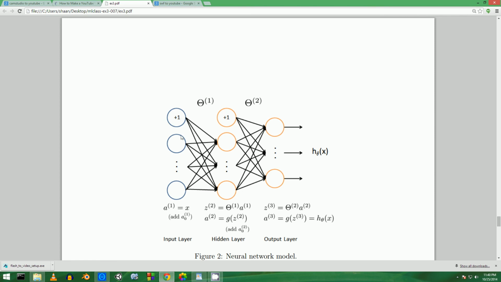It's a matrix, so it does not really depend on how many images I give it. It can scale properly. Second is the hidden layer that does all the neat, magical stuff. It has 25 units plus a bias unit of 1, so that makes it 26 units in the hidden layer.